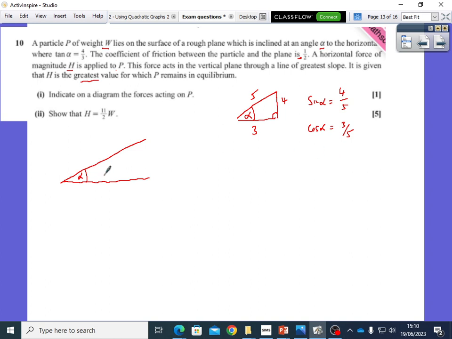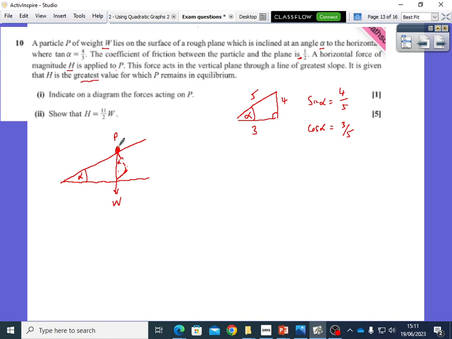Right, you've got those two, and now you've got P. Let's say this is P. First of all, the weight just drops down like that, which is W. And if we go along here, parallel to the slope, that is alpha there.